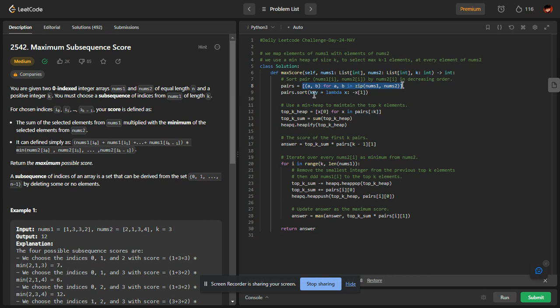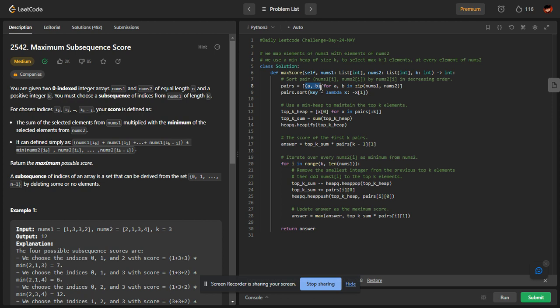Next, please pay attention to these things. These are very important. They may look very different, but they are very easy. Then I'm sorting, passing a key function. What it means is very simple: I have to sort each element x. You must know that each element in this pairs array has two elements, a and b.